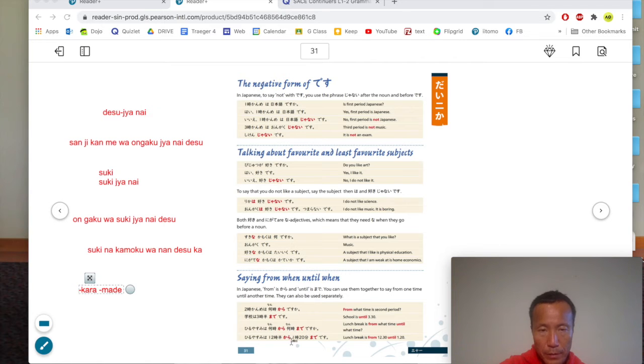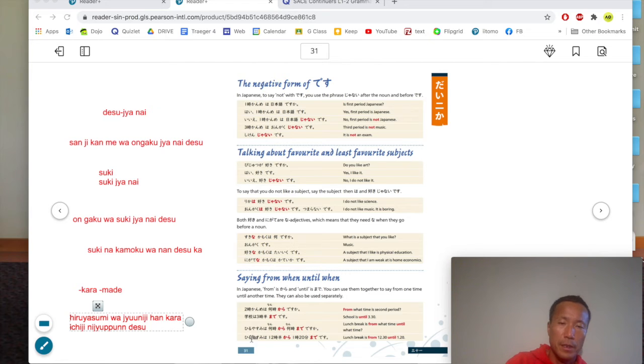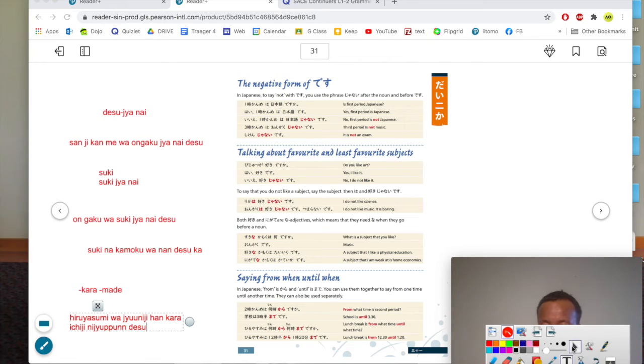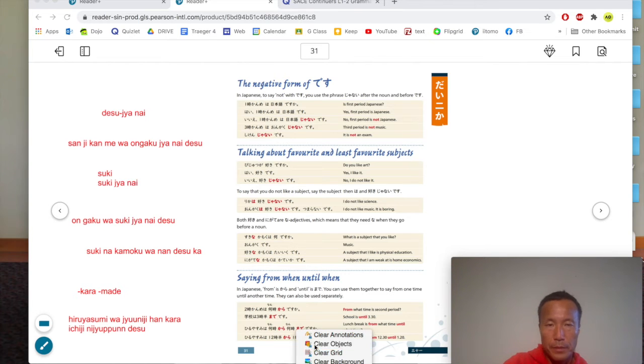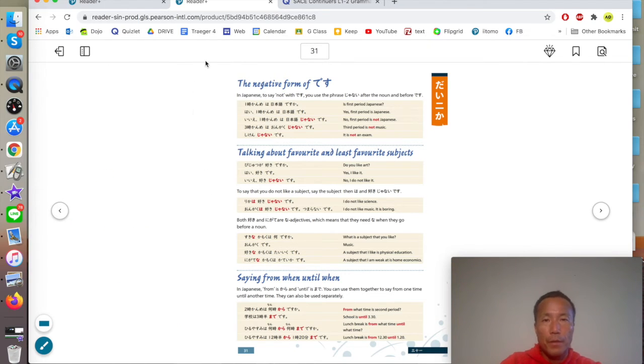But in this example, the bottom one is 昼休みは12時半, 半 means half, から1時20分です. Wow, that's another favorite sentence of mine. 昼休みは12時半から1時20分までです. So that's the grammar. Alright, so that is it for lesson 2.